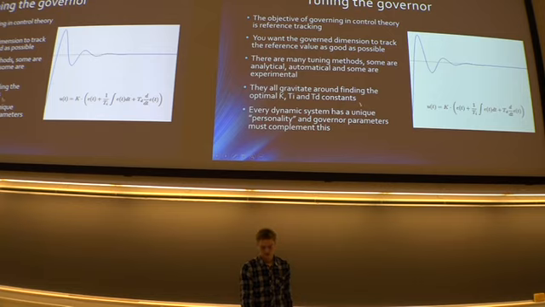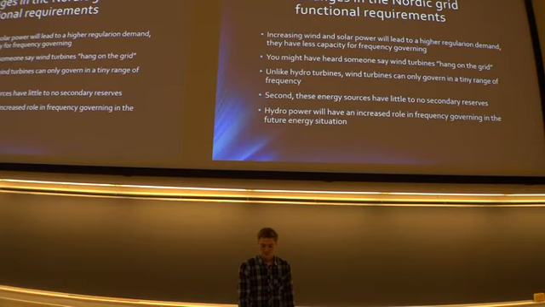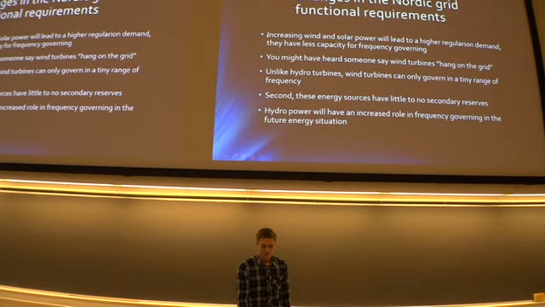And every dynamic system has its own unique behavior, so you can't just find one set and apply it for all. You have to tune every system. I'm getting to my thesis objective, but this is part of it.